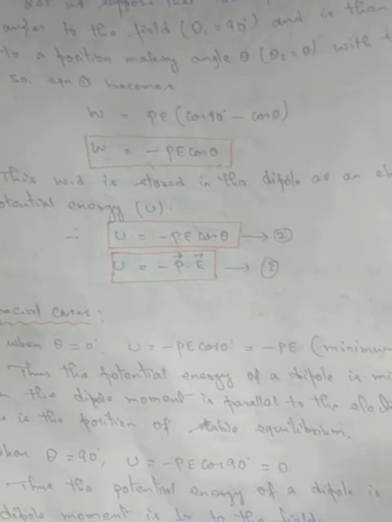This minimum position means the dipole will be parallel to the electric field, and at the same time this position when theta is equal to 0 degrees is a stable equilibrium position.